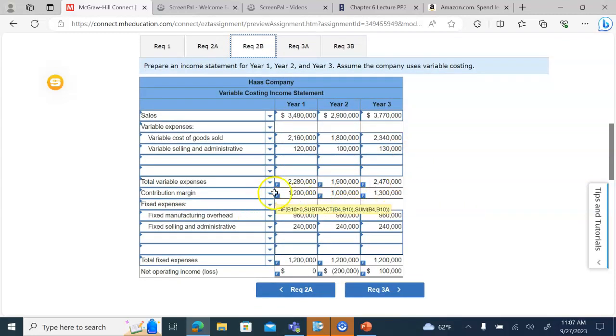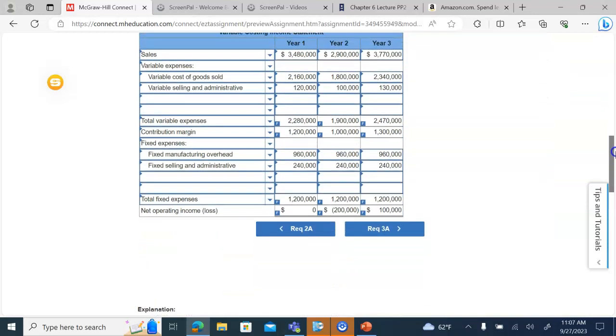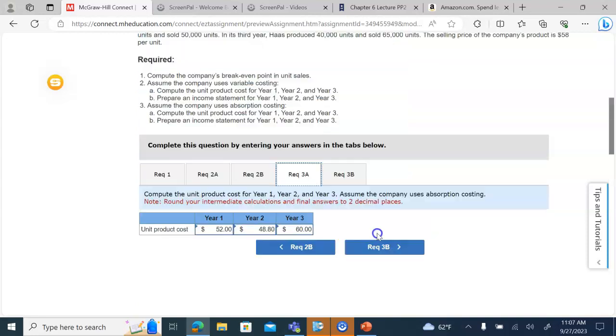After that, we show our contribution margin, our fixed manufacturing overhead, and the fixed selling was given to us, okay, 960 and 240, to come up with our net operating income under variable. Pretty straightforward.